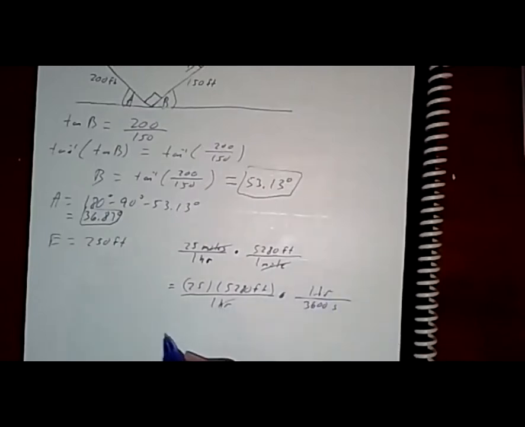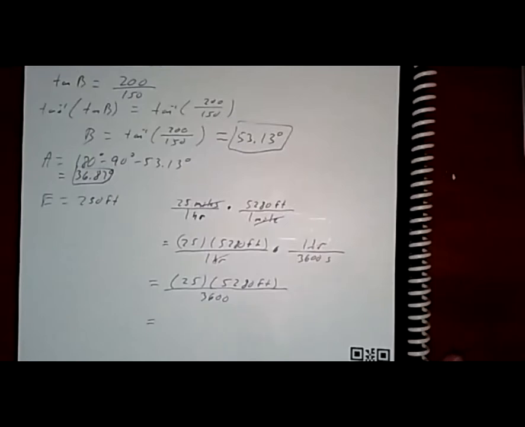That'll cancel, leaving me with 25 times 5,280 feet over 3,600. So what is that answer?